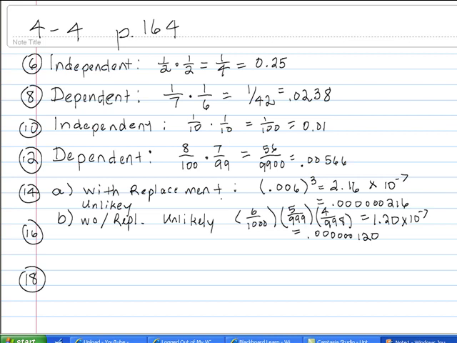So true negative would be 860 out of the 1,000, so that's 0.860 raised to the 4th since we're selecting 4. And that's 0.547. No, it's not unlikely. This time it's way more than the 0.05 that we're comparing it to.